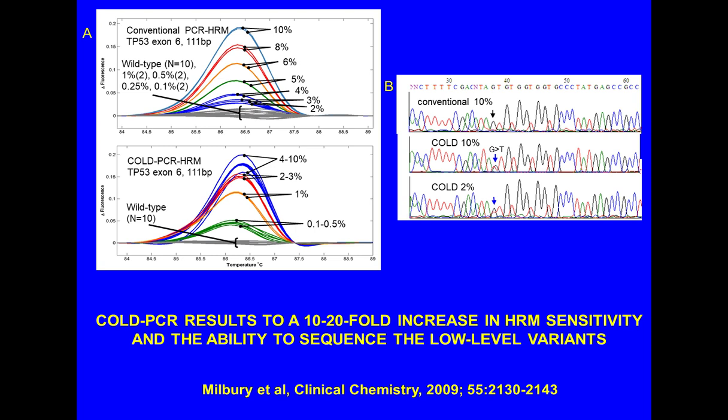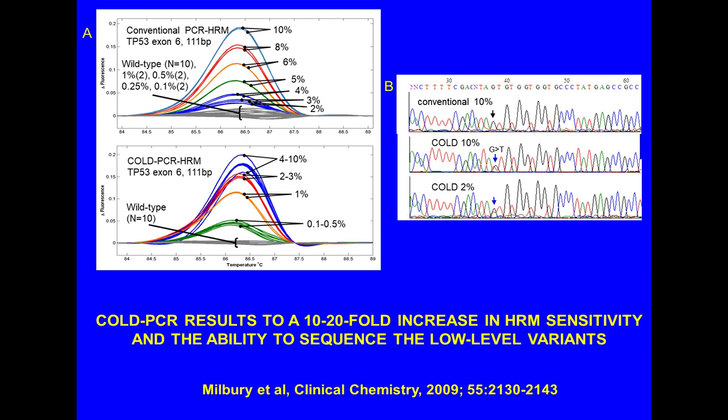So what you see here is at the top a serial dilution of samples that have 10% mutant, 8% mutant, 6% mutant, and so on, serial dilution with conventional HRM, conventional PCR followed by standard HRM, and you can see that the limit of detection is 3 to 5% here, depending also on what mutations you have. So that's the standard technology.